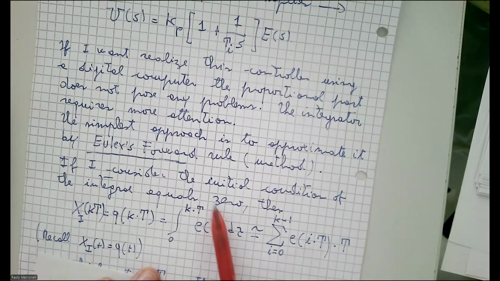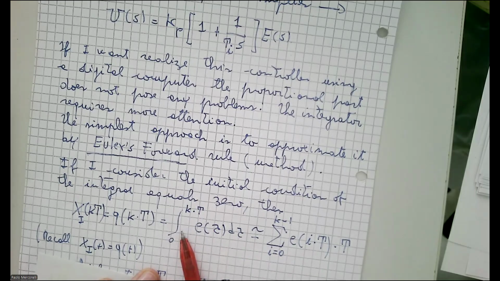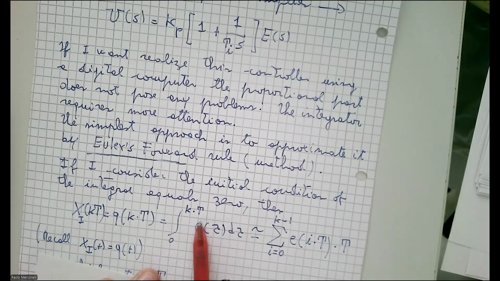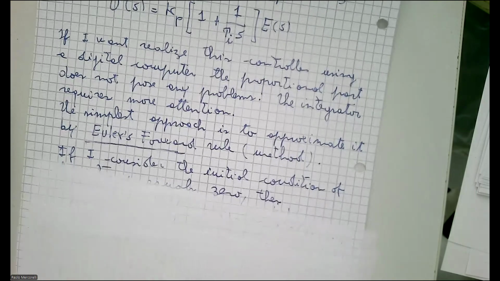This means the integral here, even though we have a kT, but this is a value, it's still continuous. If I want to realize discretization of this internal part, now I have to consider this is an approximation. We have seen also in the picture as before.